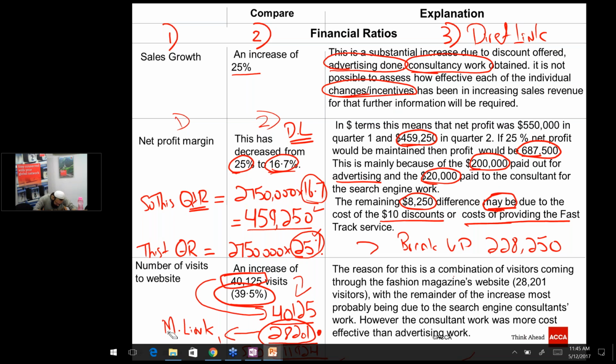If you look here, reason number one is quite clear, that 28,000 people came through the magazine link, and the remaining came from SEO. Just quickly read out the reason here.